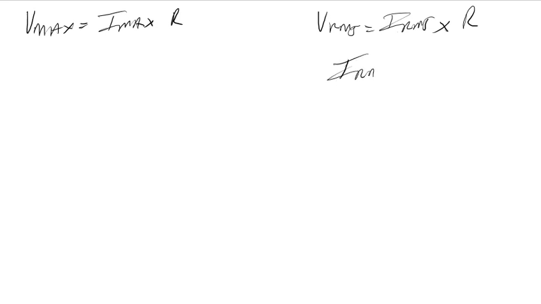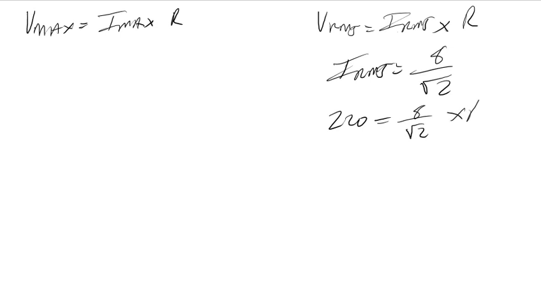You know that IRMS equals 8 over root 2. Already showed you how to get this one. Then from there, you'll say 220 equals 8 over root 2 times R. R will be equal to 220 divided by 5.66.